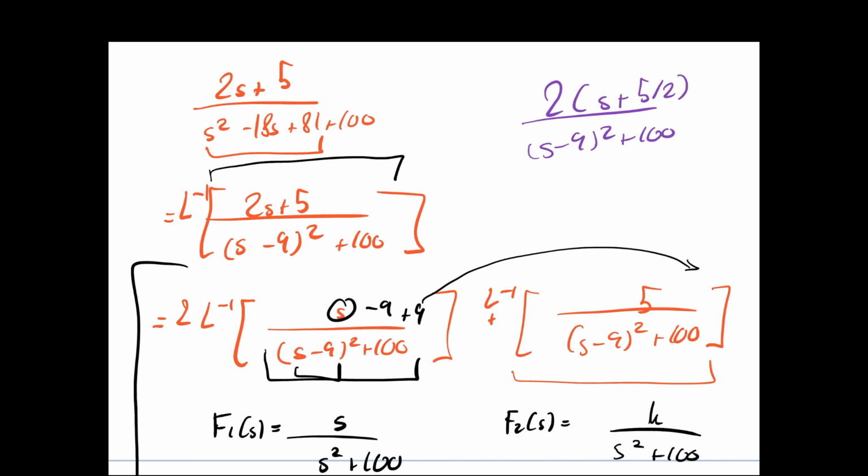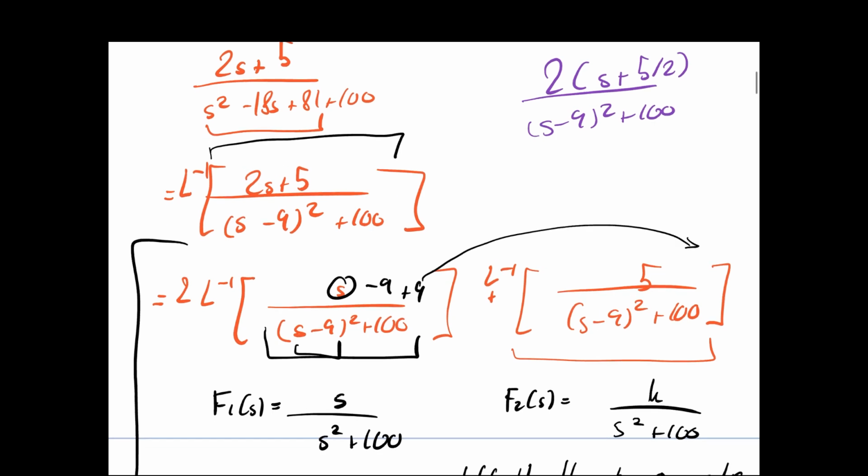We want s minus 9 in the numerator, right? And so in this case, you could add s plus 5 over 2 minus 23 over 2 plus 23. And this inside will get you 9, and then the 23 you just work with as a separate fraction, and you do the inverse Laplace of that as well.